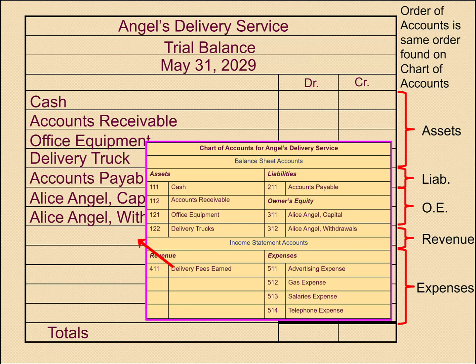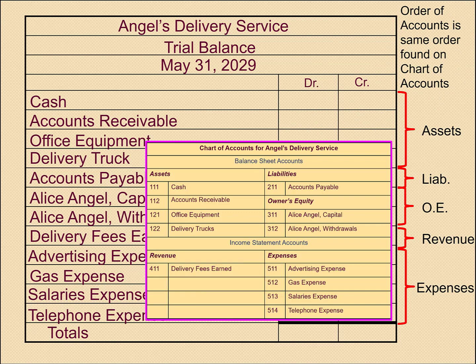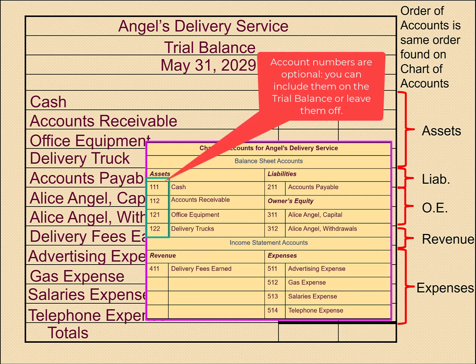And then the company's revenue account was called delivery fees earned. And then we've got the expenses. Advertising expense, gas expense, salaries expense, and telephone expense. Now notice I left the account numbers off of here, but you could leave them on if you wanted to. I just left them off to save room.